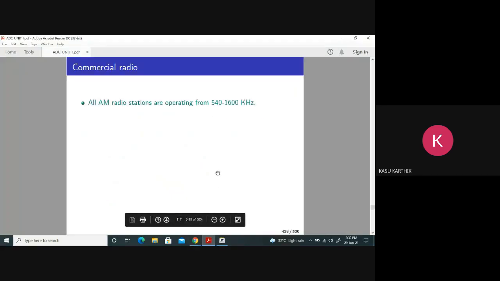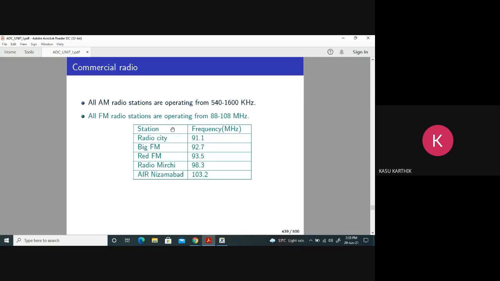Before that, let us go with some commercial radios. You might have known AM radios. They operate from 540 to 1600 kilohertz. You take any AM radio station, it is operating from 540 to 1600 kilohertz. This is the standard operating range of AM radios. FM radios operate from 88 to 108 megahertz.